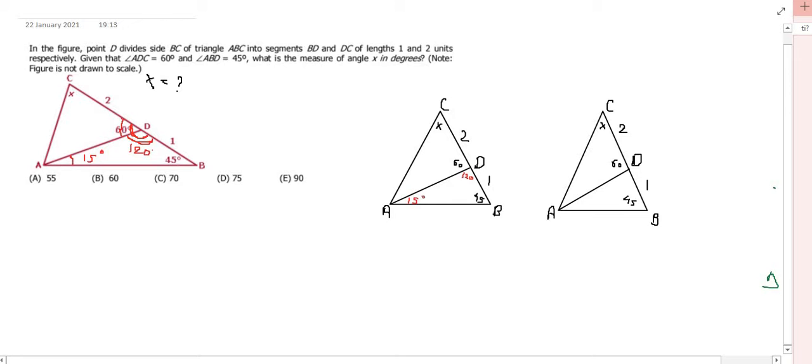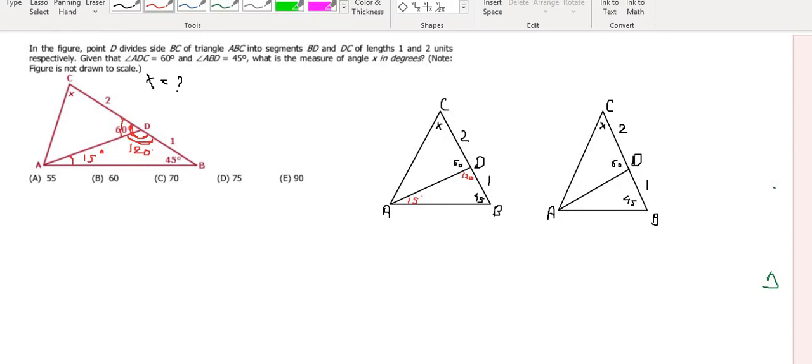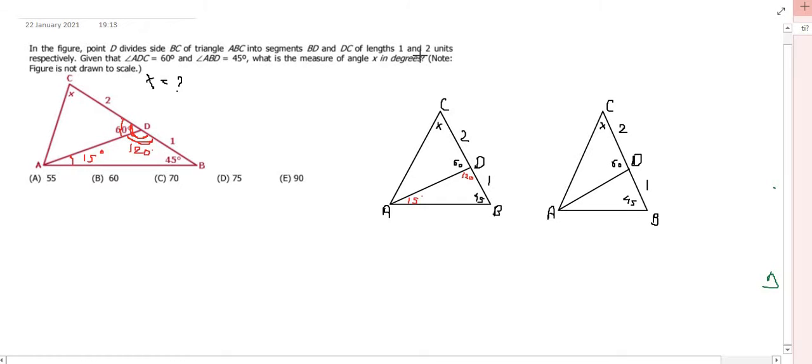So what do you think? What can we do in order to do so? What I feel is that since we've already concluded what we could from the given figure, we are going to use the property of 30, 60, 90 triangle. How?